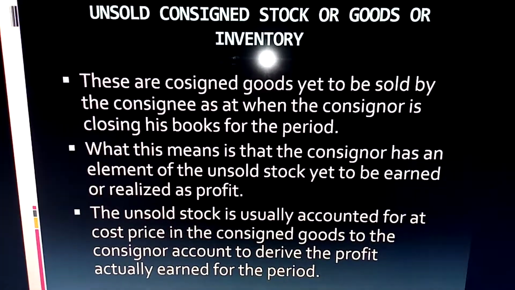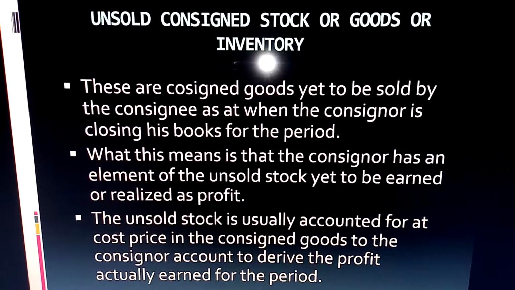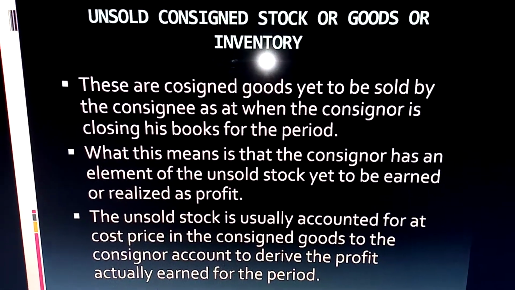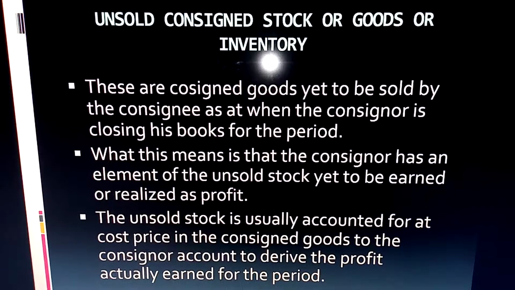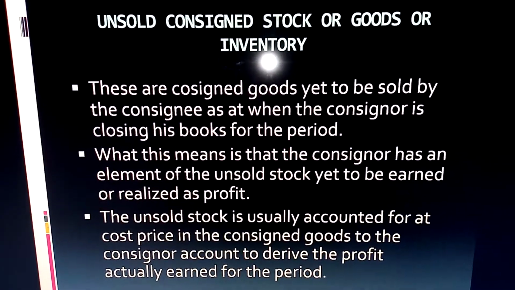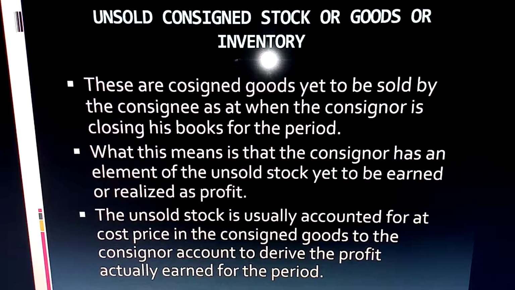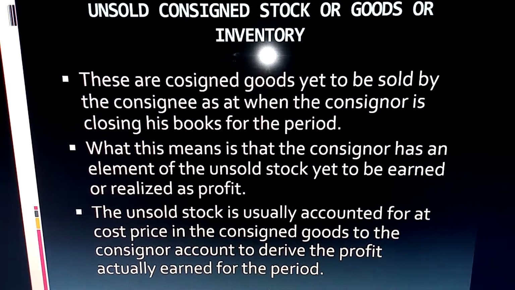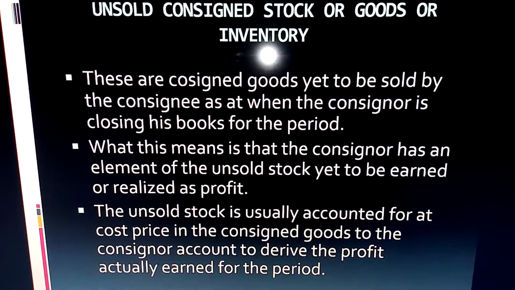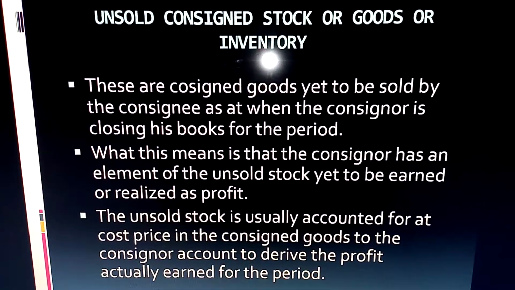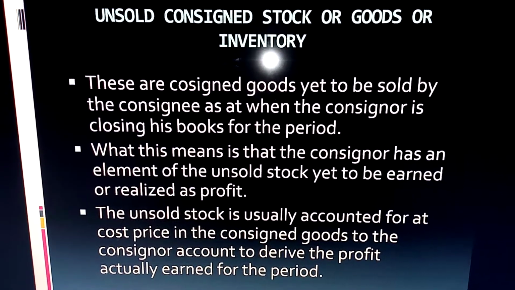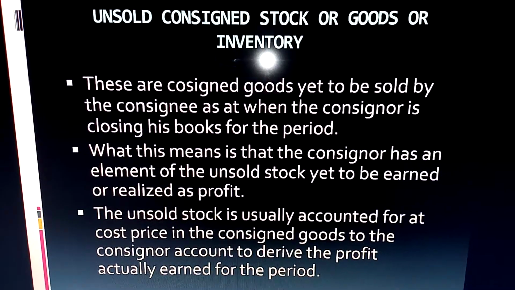So basically from the consignor's perspective, this is what is expected from the consignee. Now what happens is sometimes it is possible for the product sent to the consignee not to be entirely sold. And then at the end of the period, where the consignor is preparing its general profit and loss account, there's a need to adjust for the unsold product by the consignee, so that you don't capture profit on product that has not been sold.